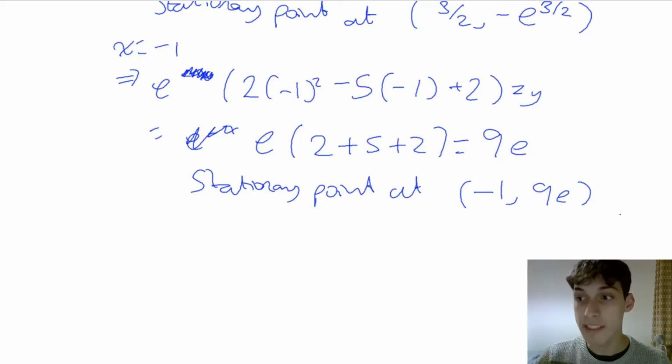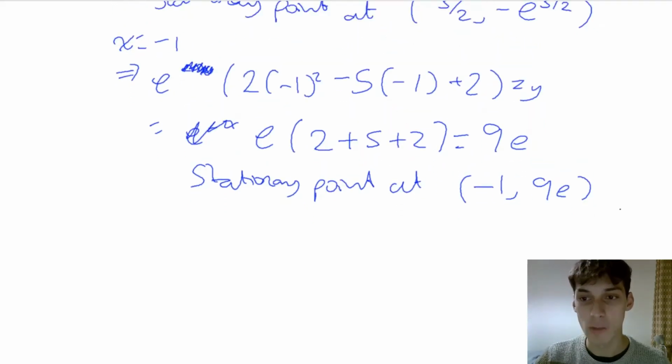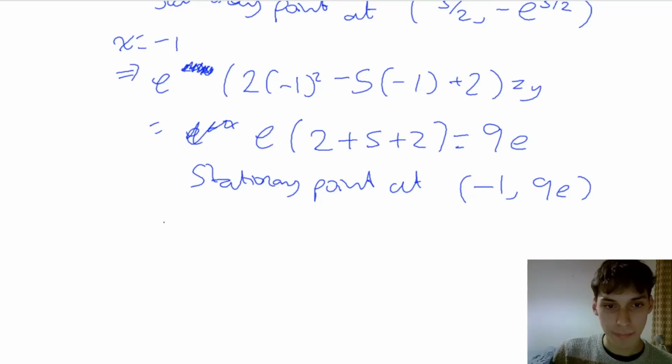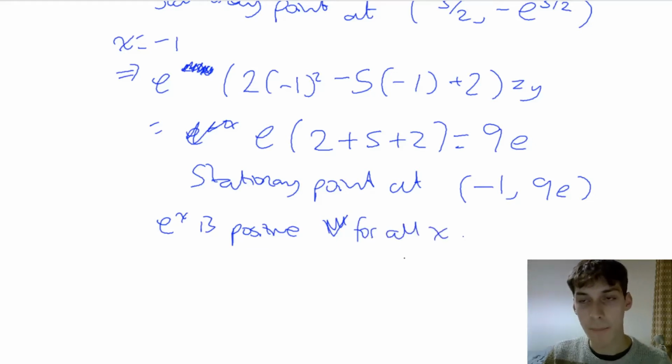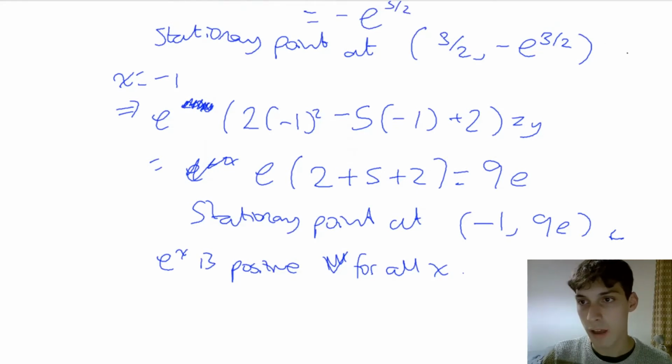And it's worth noting, and you actually should probably state this as well, that e to the x is positive for all x. So that means that this stationary point here lies above the x-axis, because 9e, well, e is e to the 1, which is positive, and this stationary point here lies below the x-axis because the y value is negative.